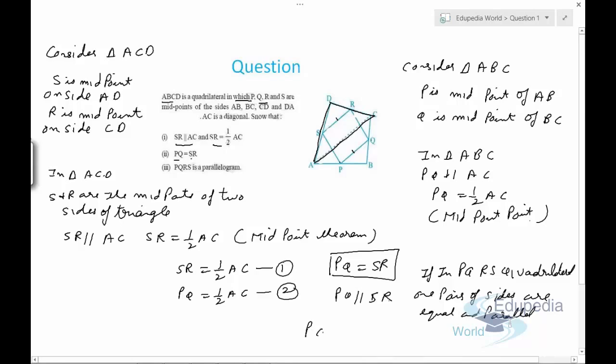So we can say that PQRS is a parallelogram. So this is how we can prove these types of questions. So let's move on to the next question.